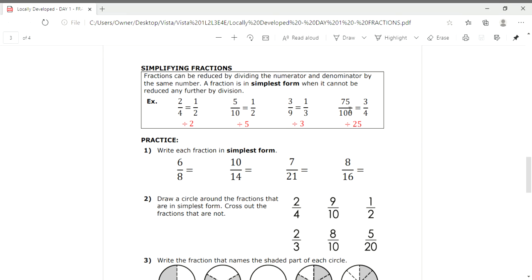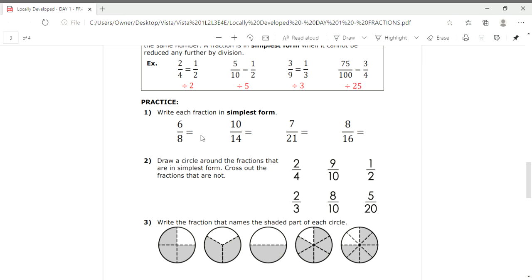So 75 over 100 reduces or simplifies all the way down to 3 over 4. They are equal to each other. Try writing the following in simplest form for practice.